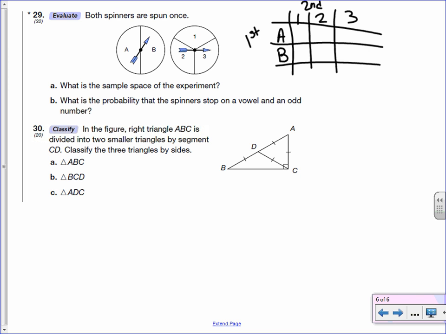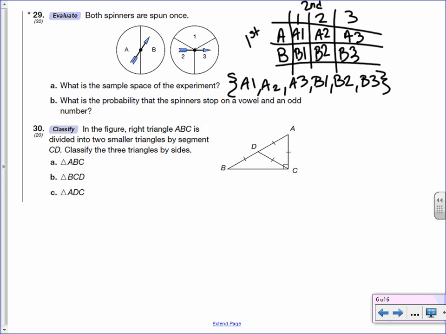So we can get A and 1, A and 2, A and 3, or B and 1, B and 2, and B and 3. So the sample space then we get from the table is A1, A2, A3, B1, B2, and B3.